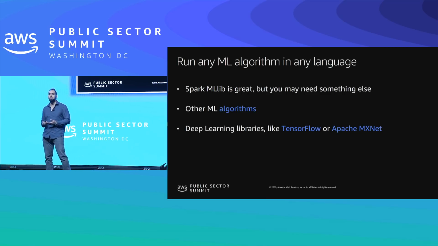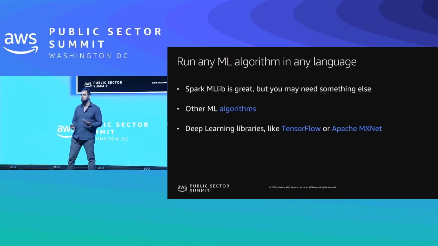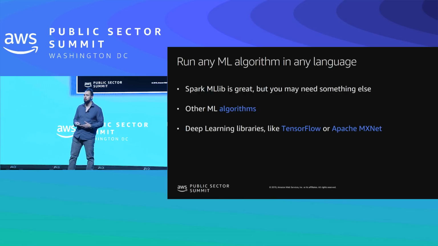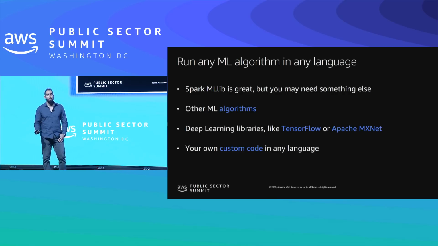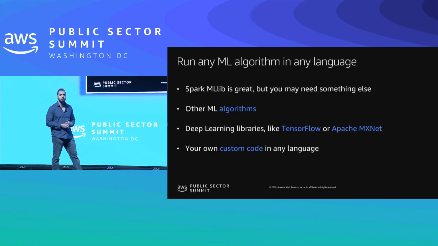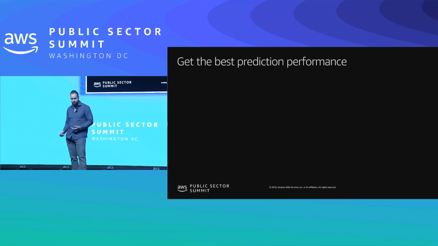You also have the ability to use deep learning frameworks such as MXNet or TensorFlow. Both of these frameworks are natively available on SageMaker as well as EMR. So again, you can use these frameworks if you like. And you can also write your own custom code in any language, so you're not just tied into Spark's native API. You can use your custom application in any code you like.